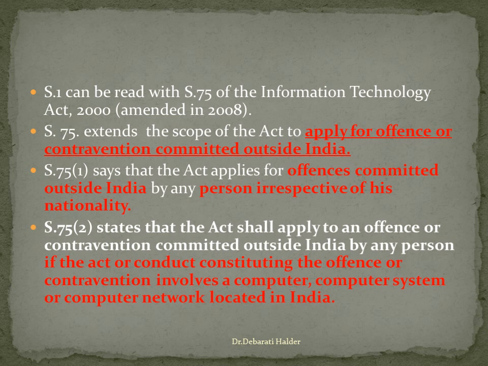Section 75 Clause 2 states that the Act shall apply to an offence or contravention committed outside India by any person if the act or conduct constituting the offence or contravention involves a computer, computer system, or computer network located in India.